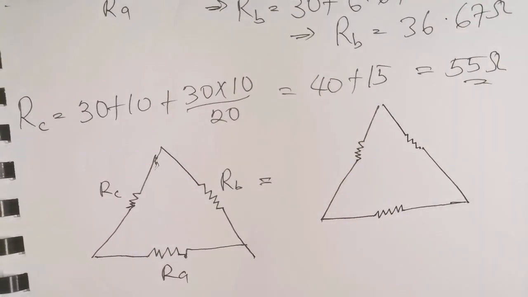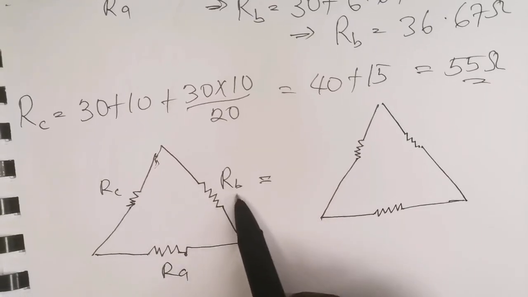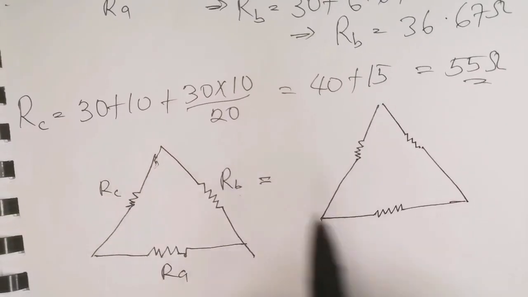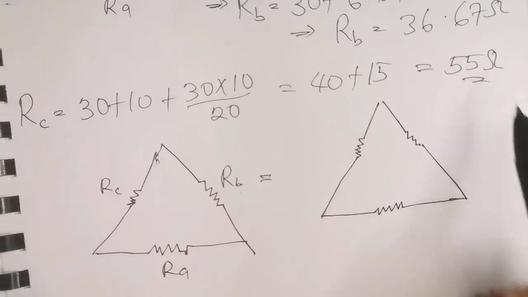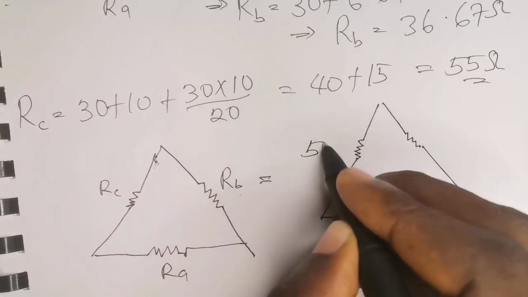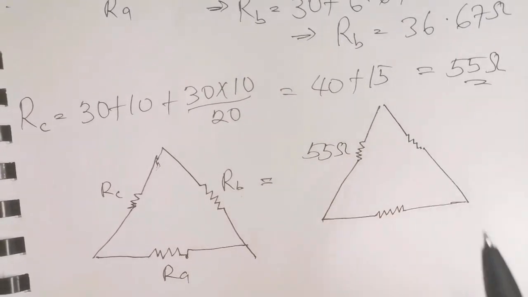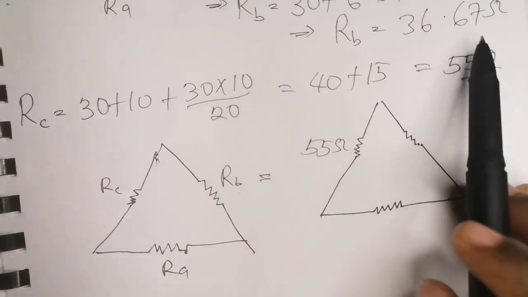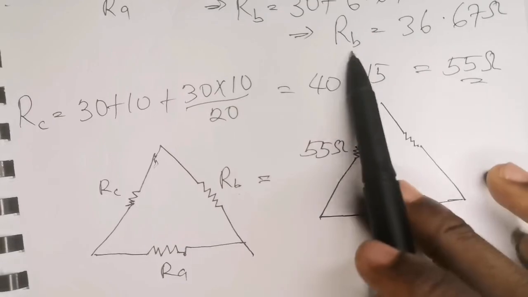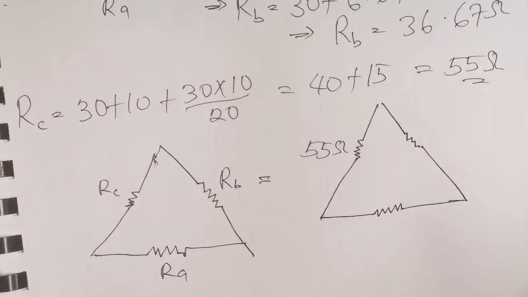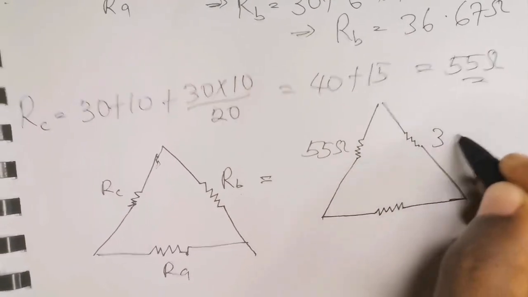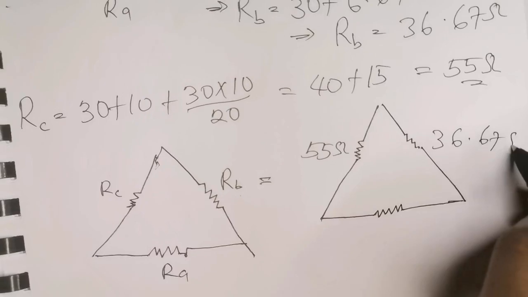Now let's fit in our values. This is RA, this is RB, and this is RC. Here RC is gotten as 55, so here is 55 ohms. RB we obtained as 36.67, so this is RB, 36.67 ohms.